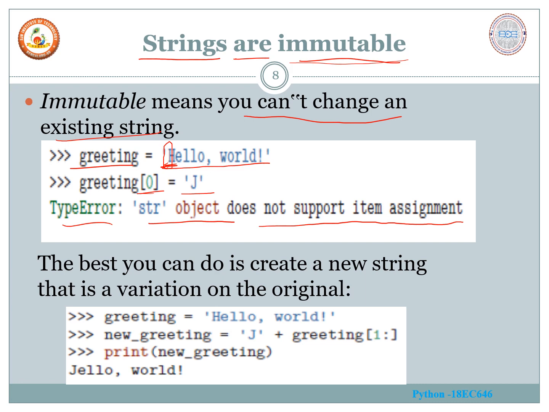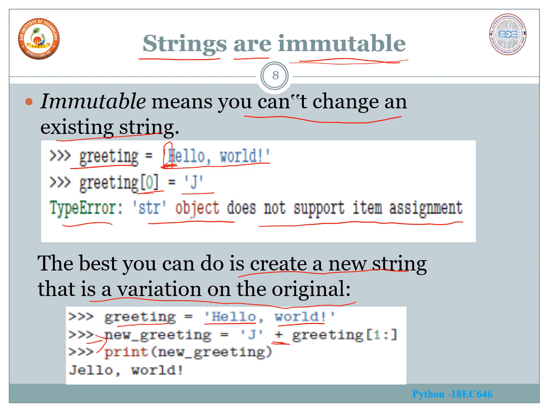Now what is the way that I can change it? You have a best way that you can do it. What you have to do is create a new string, and you add, that is concatenate, using a plus operator. So I have a greeting variable which is assigned with hello world. Now I create one more variable called new greeting.